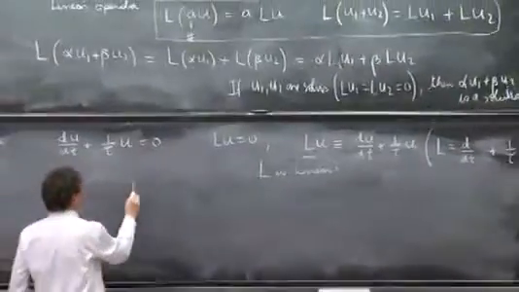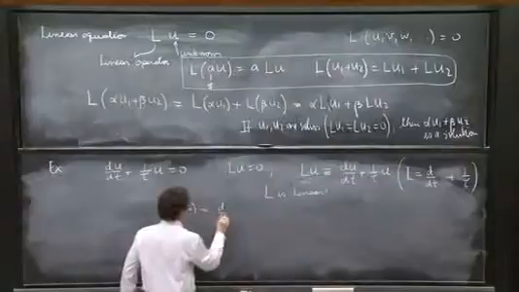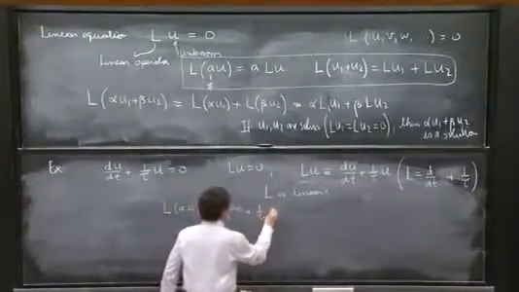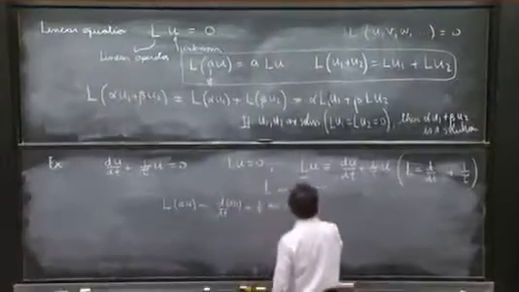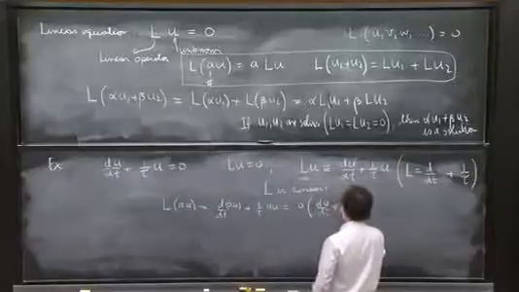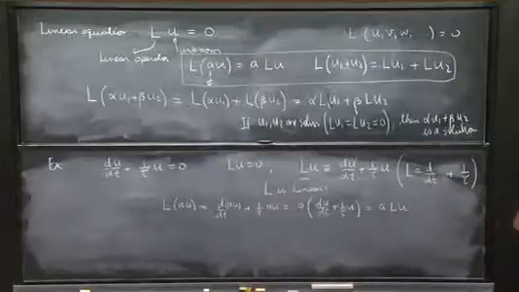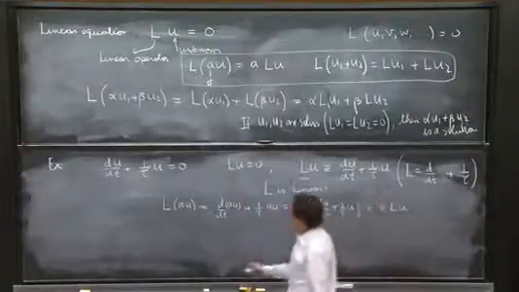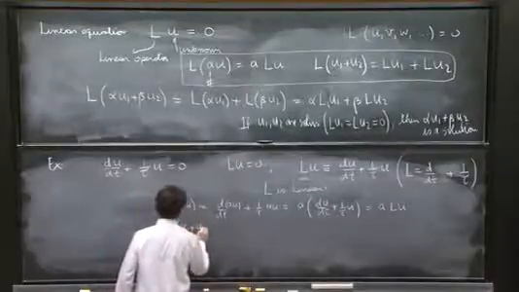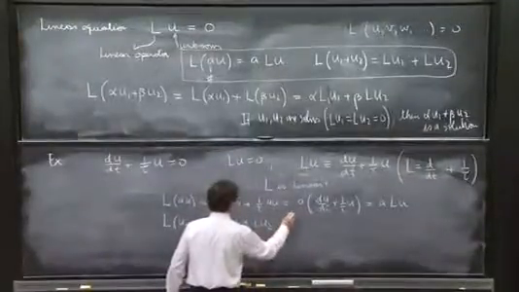For example, L on Au would be d/dt of Au plus 1 over tau Au, which is A times du/dt plus 1 over tau u, which is A Lu. And I ask you to check the other property: L on u1 plus u2 is equal to Lu1 plus Lu2. Please do it.